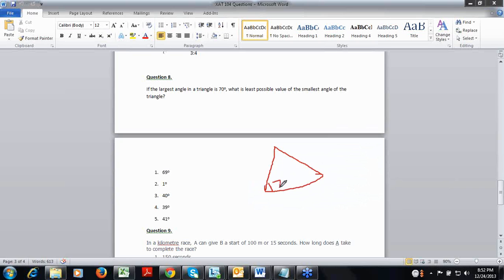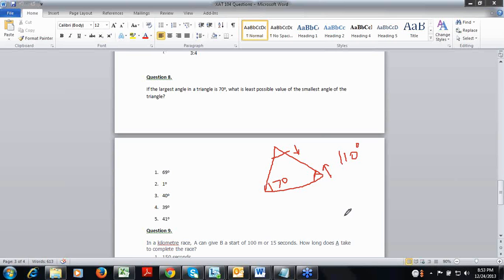This is 70 degree. This we don't know, this we don't know, but we know these two will be equal to 110 degree. Now we want this to be smallest. If this needs to be smallest, this should be largest.